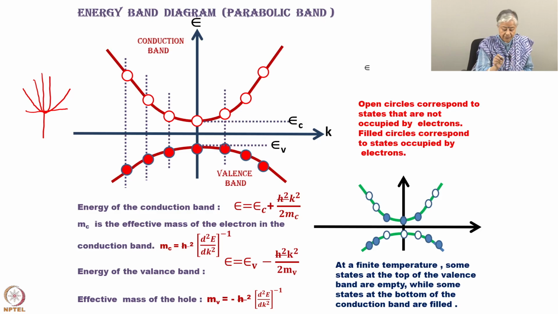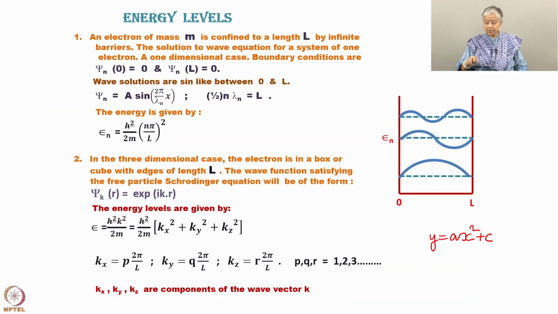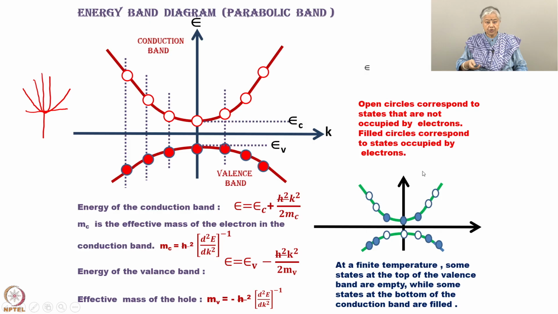Actually, that comes out even from the general equation of a parabola. Here, this is a general equation of a parabola. So, this factor A, if it is larger or smaller, the steepness of the parabola goes up or comes down, depending on that factor A. And that is exactly what is happening even here.